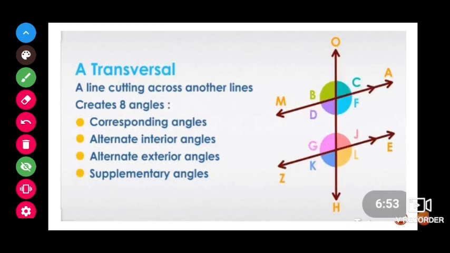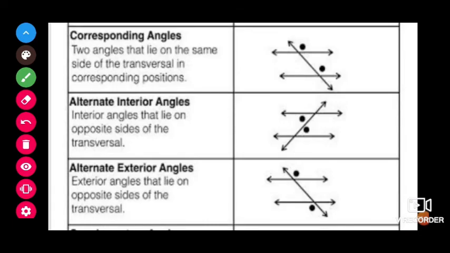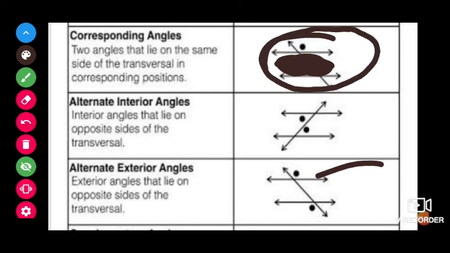And those 8 angles are called in different ways. I will show you. See here. First one, corresponding angles. Corresponding angles are on the same side of the transversal, and one should be interior, one should be exterior. The interior is this inside part between the 2 lines, and the exterior is the outside part.